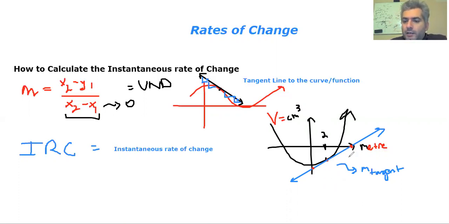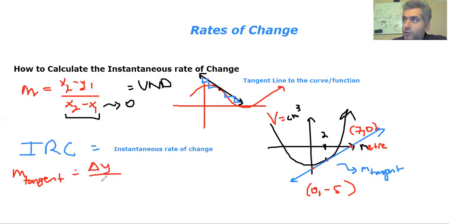So let's say we had the y-intercept here, let's say it's (0, -5), and the x-intercept here is (7, 0). So now I can calculate the slope of the tangent from that tangent line, same concept, the change in y with respect to the change in x.